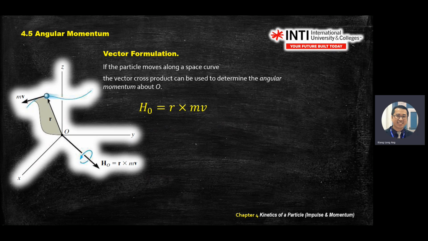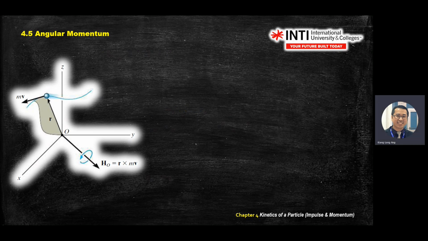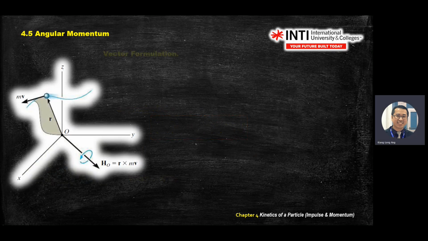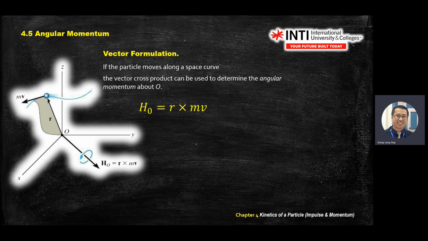Let's say this particle moves along the blue pathway in three-dimensional space. Just now, the previous one was in two-dimensional space, on a plane like a piece of paper. On a piece of paper, you can directly take d multiplied by mv. But when it comes to three dimensions, you take vector cross vector.